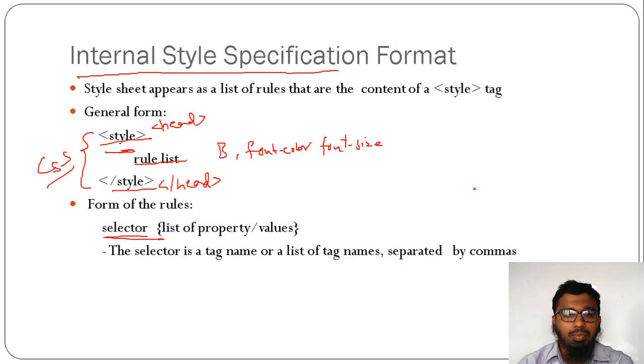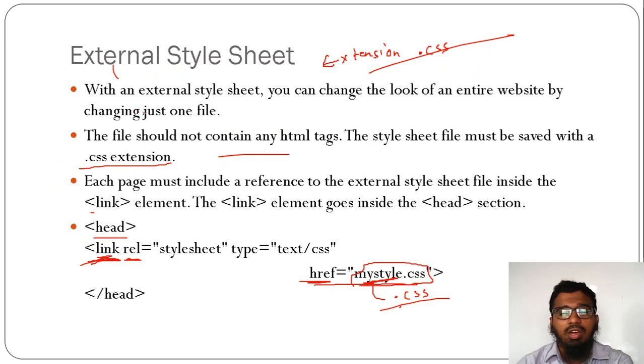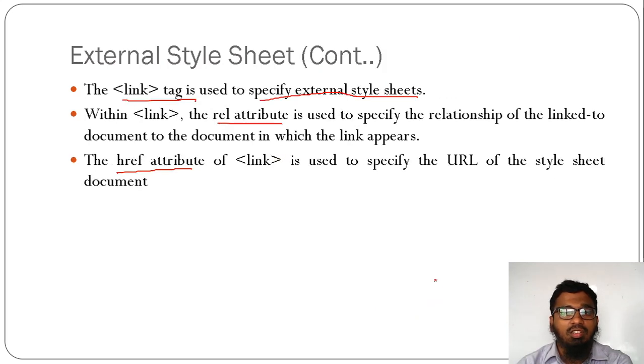Next, external sheet. In the external sheet, you will save the file with the extension .css and store it in your computer. Whenever we need it, we'll take the link, rel is stylesheet, type is equal to text/css, and href is my style.css.